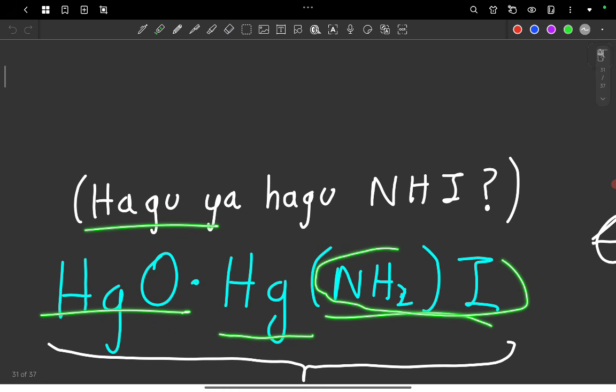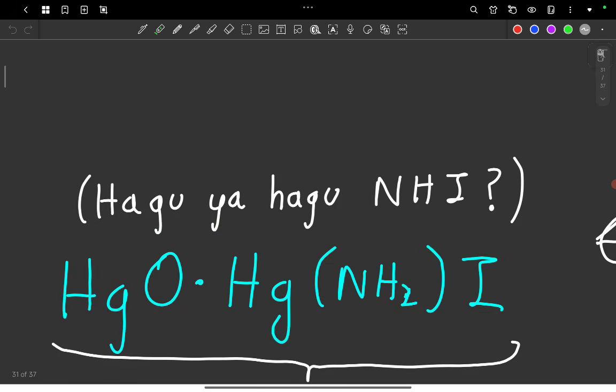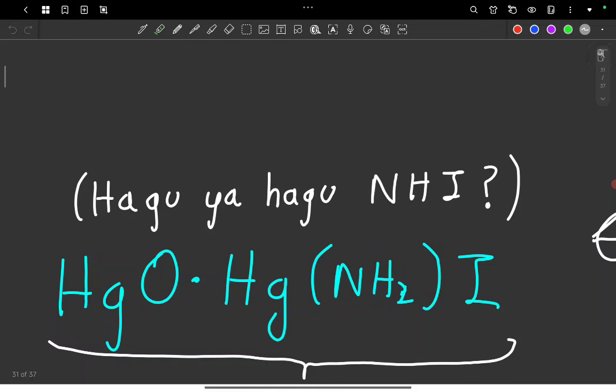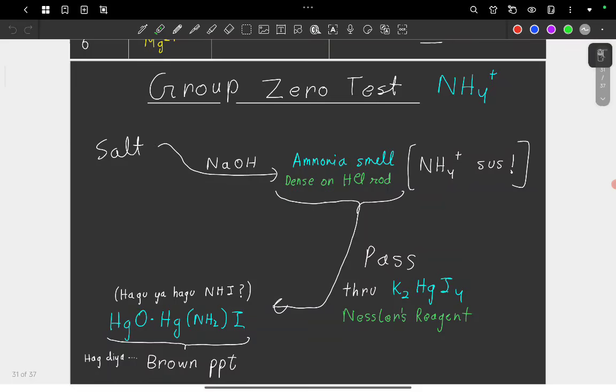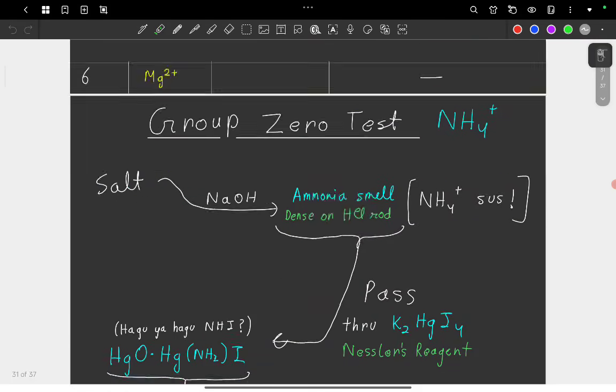See how it fits so perfectly. And you can find out what his decision was: it was a brown precipitate. Disgusting. But at least now that this disgusting image is in your mind, you will be able to remember the test of the group 0.